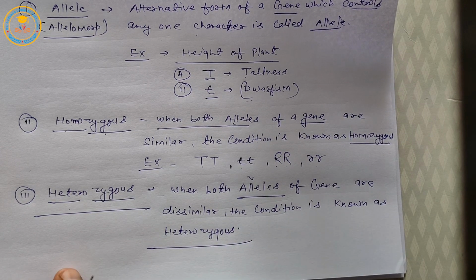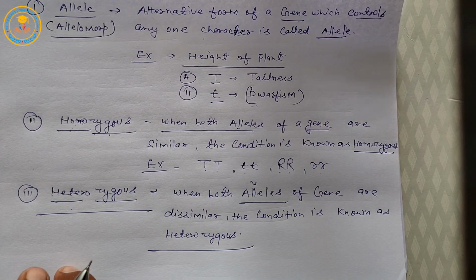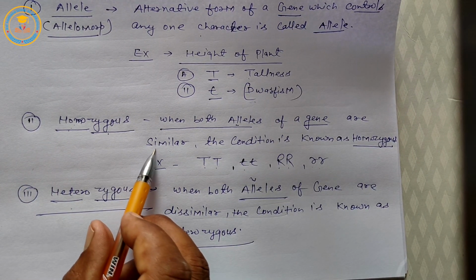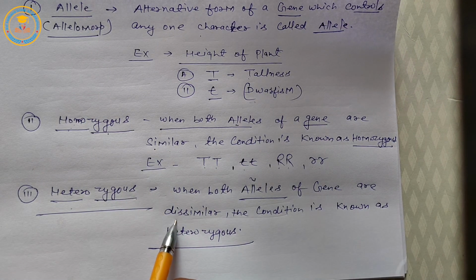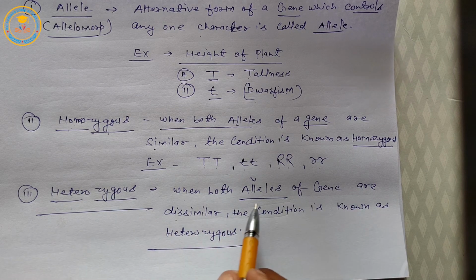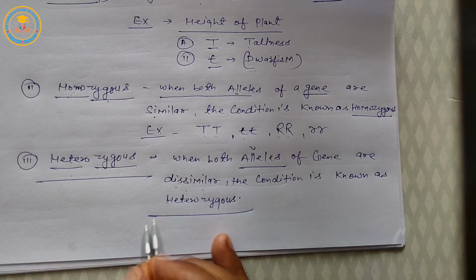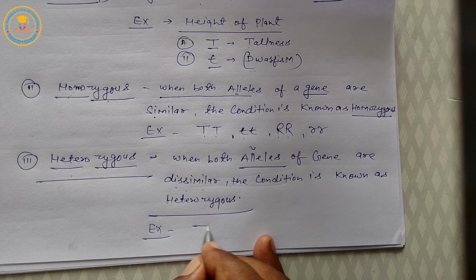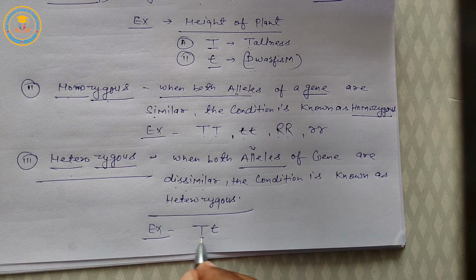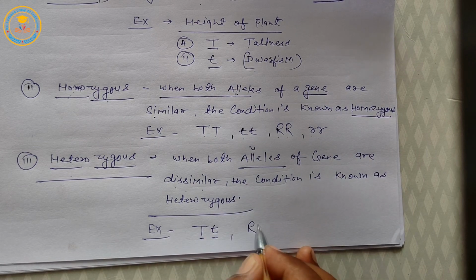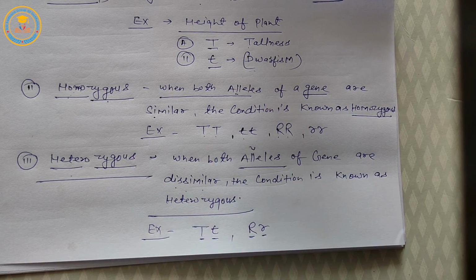Once again, there is only a single difference between homozygous and heterozygous. In one, both genes are similar, but in the other both genes are dissimilar. For example, this is dominant, this is recessive, this is dominant, this is recessive.